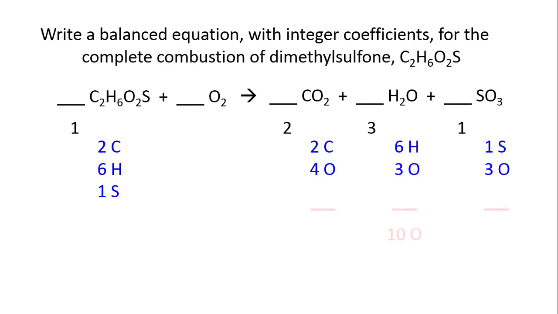There are a total of 10 oxygen atoms on the right. There are 2 in the dimethylsulfone, so we need 8 more on the left to balance oxygen. This would be 4 moles of O2. Since there are no fractions, we can use these numbers to balance the equation. Again, we do not include the ones.